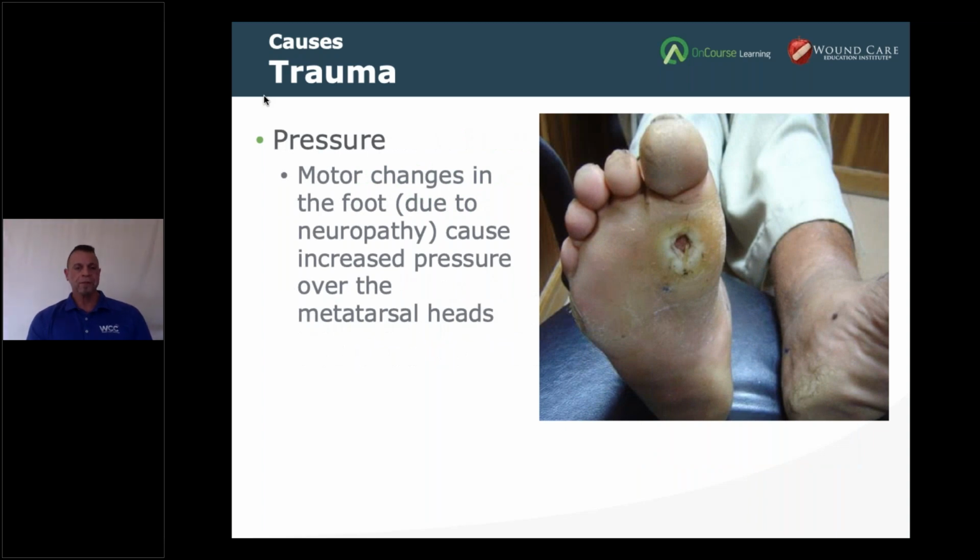Now, pressure strictly can be an issue as well. I want to clarify the difference, though, because we have pressure injuries, what we used to call pressure ulcers or bed sores, and then we have diabetic wounds caused by pressure.